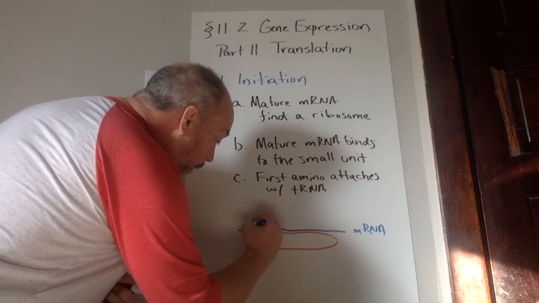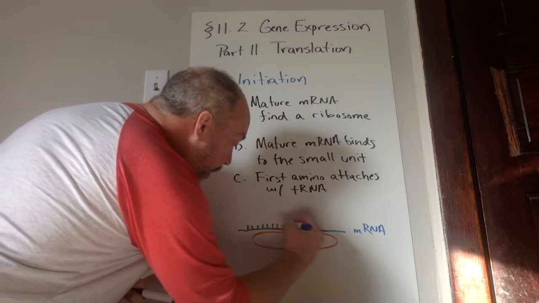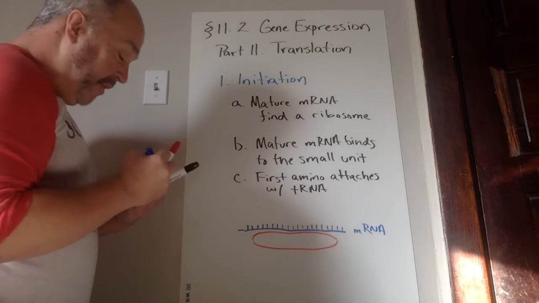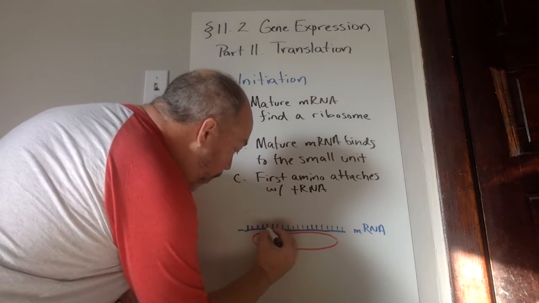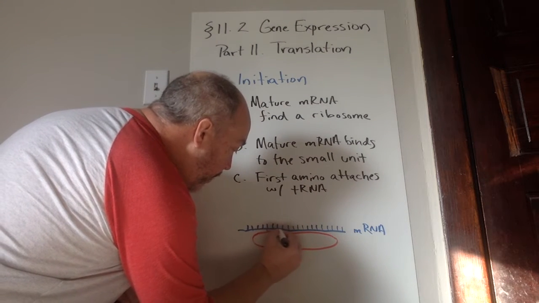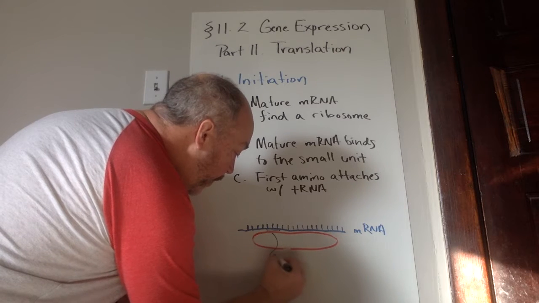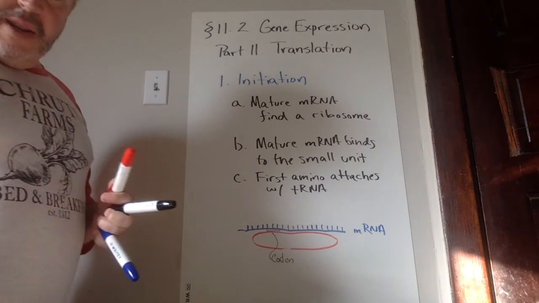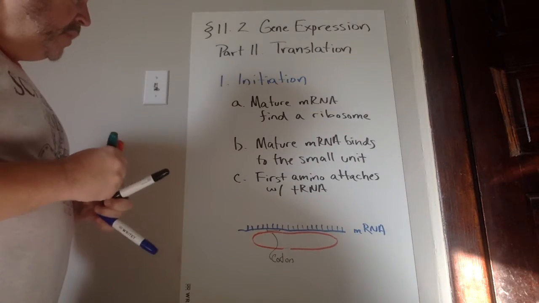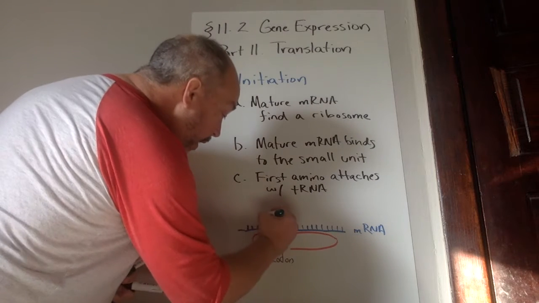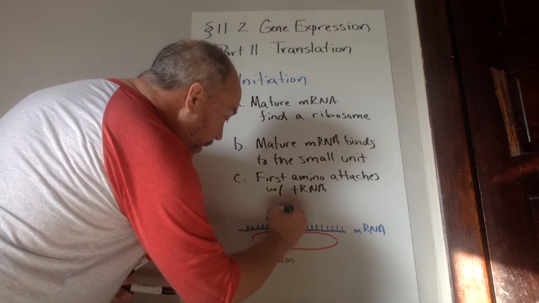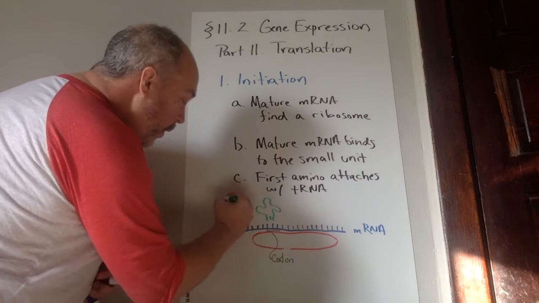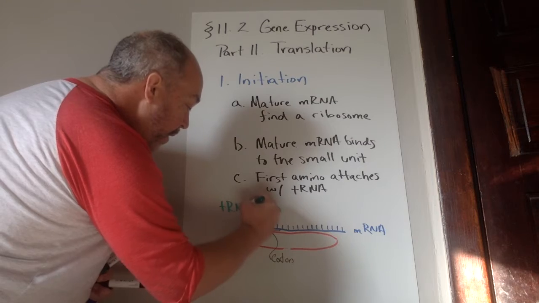But remember, there are nucleotides that go along this mRNA. And remember, every 3 letters is a codon. So for instance, these 3 nucleotides are a codon. And the way the tRNA is going to be able to find the right place to sit is it's going to have an anticodon. On the tRNA, remember, that T-shaped thing, this is also an RNA molecule.